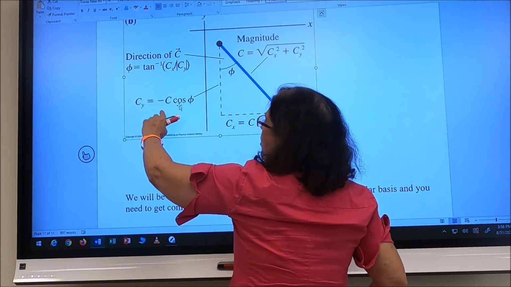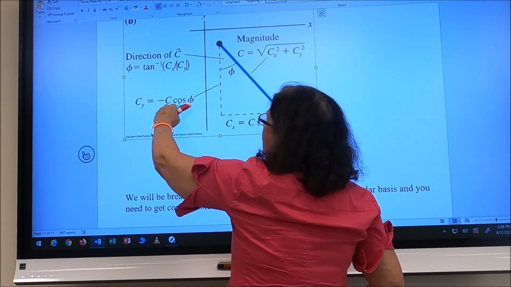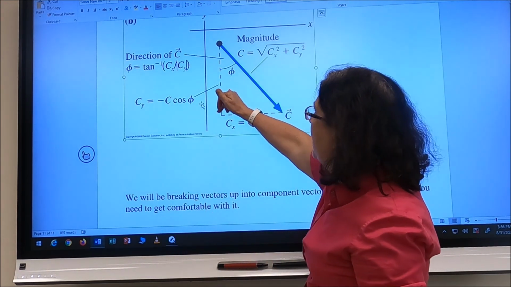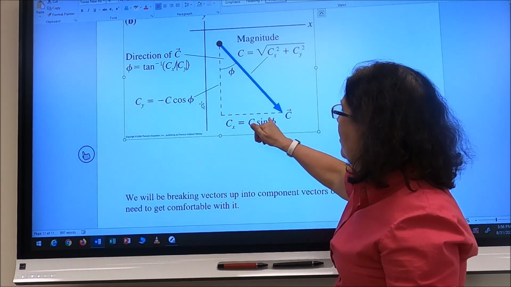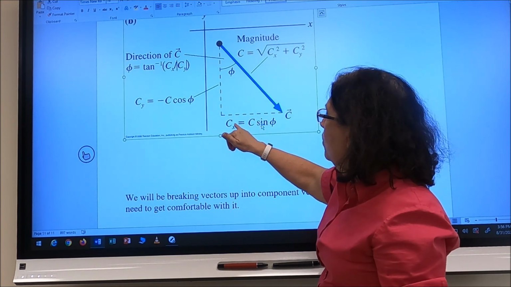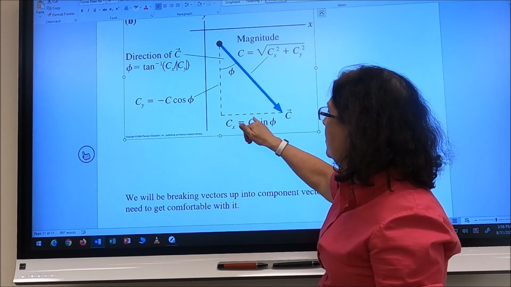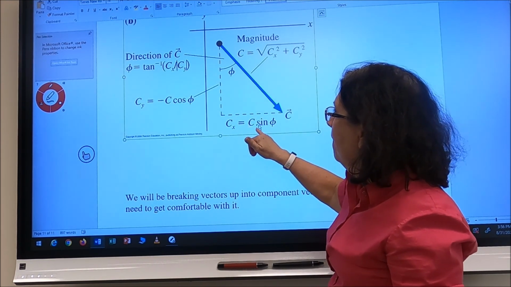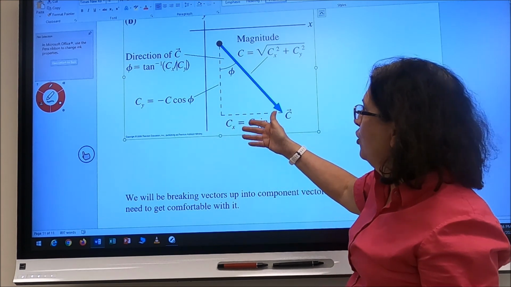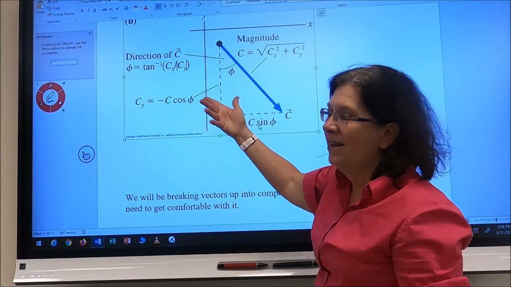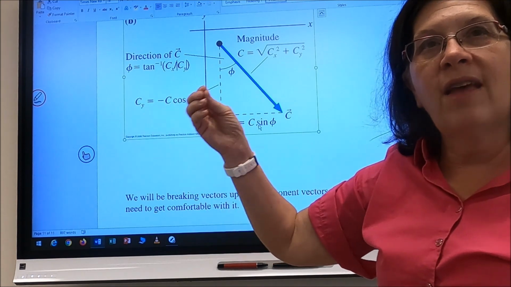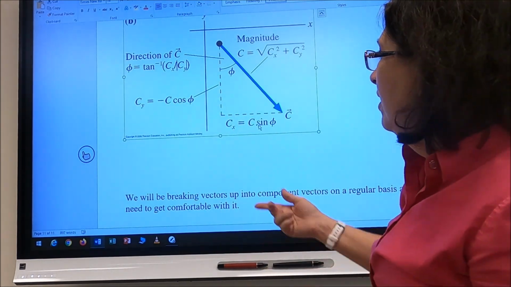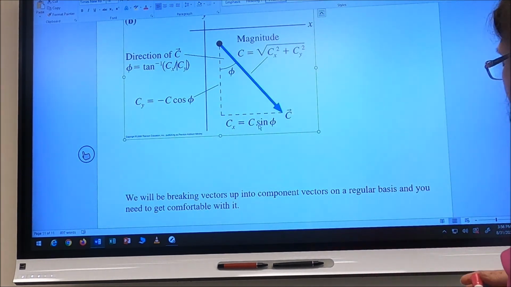If you drew the vector sign over it, it'd be the negative of the magnitude of vector c times the cosine of phi. Okay? And the x component would be c sine of phi. Now I would probably break this down and do it in 2 steps, calculate the magnitudes, and then assign whether it is in the plus i or minus i direction, the plus j, minus j direction. They kind of did it in one fell swoop here.